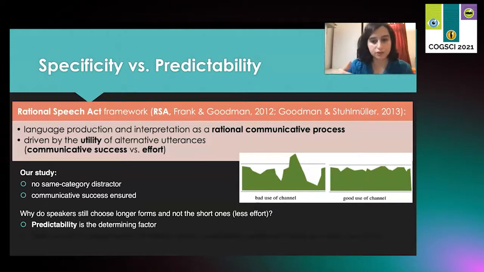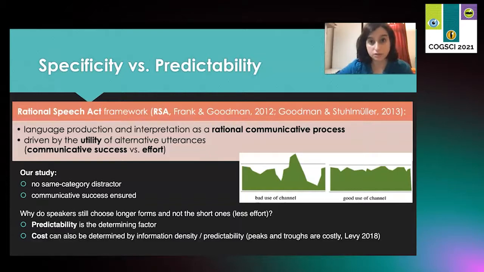If they didn't distribute the information in a uniform way, that would have led to peaks and troughs in the distribution, and arguably they would be costly for the comprehender, because cost can also be determined by information density and predictability.